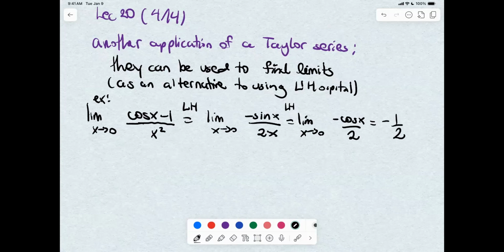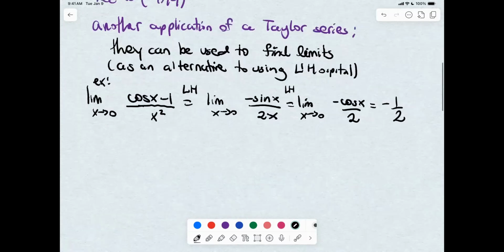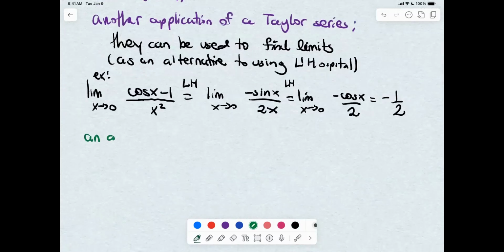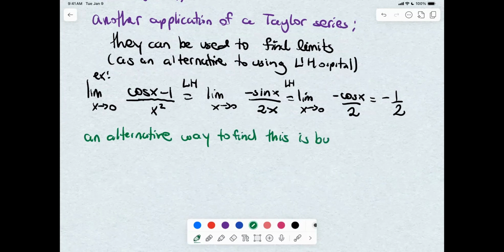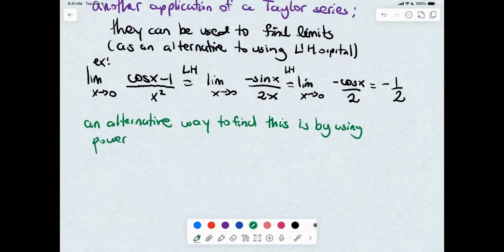So an alternative way to find this is by using the Taylor series expansion of cosine of x.